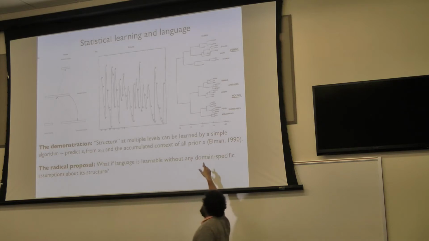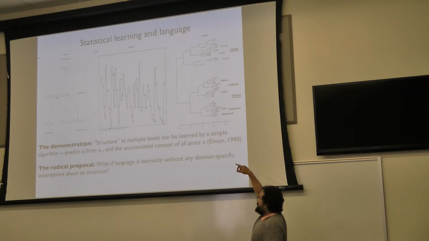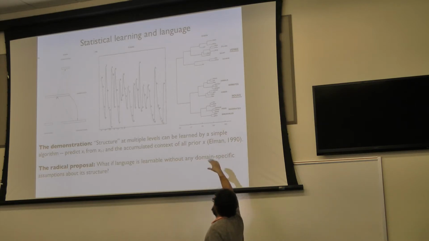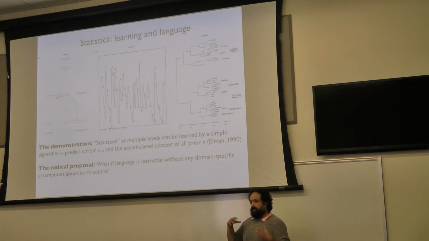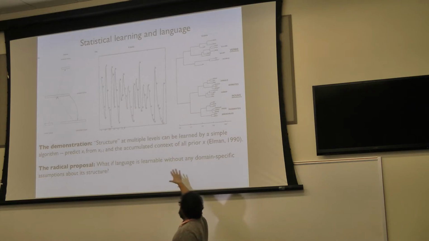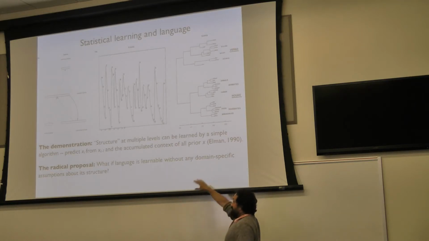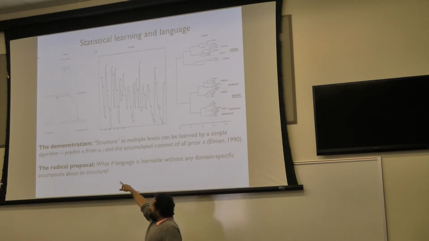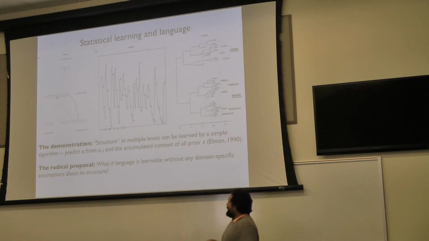And you can even push this if you do this now at the word level rather than at the letter level. You can show that you develop a similarity space that incorporates some aspects of syntax and semantics together based on the likely co-occurrences of words. So there's a demonstration here that structure at multiple levels can be learned by this simple algorithm: predict x at t from x at t minus 1.